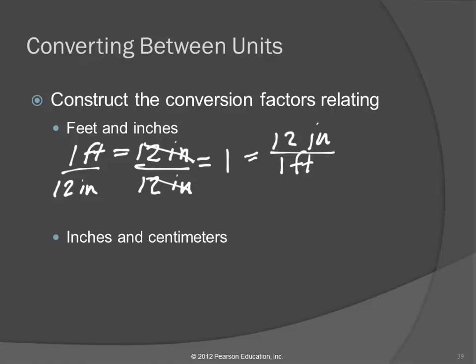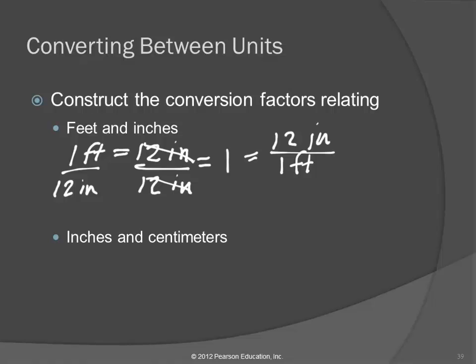In a conversion factor, if you look at what's on the top, 12 inches, and what's on the bottom, those should be equal to each other. Okay, sometimes students get confused and they separate the numbers and they say, well, 1 inch is 12 feet. I get 12 feet per 1 inch. Look at it. Does 12 feet equal 1 inch? No, that's ridiculous. So the top has to equal the bottom.